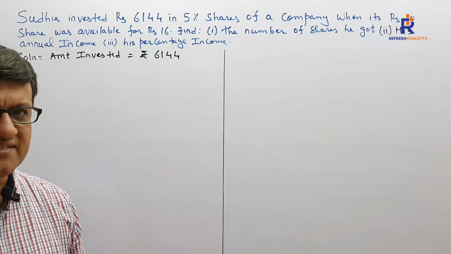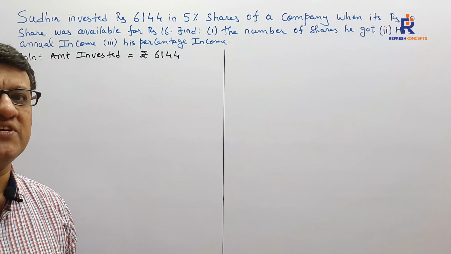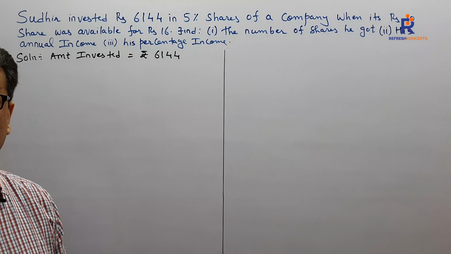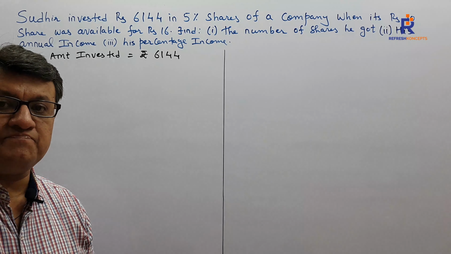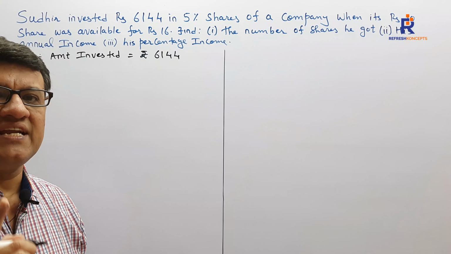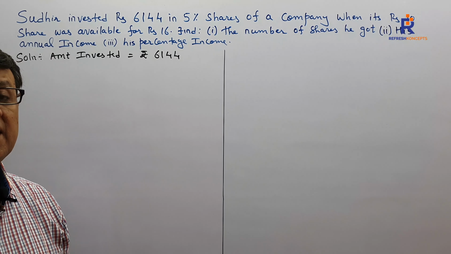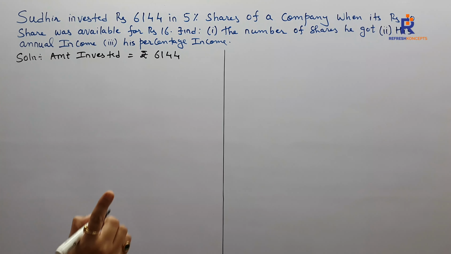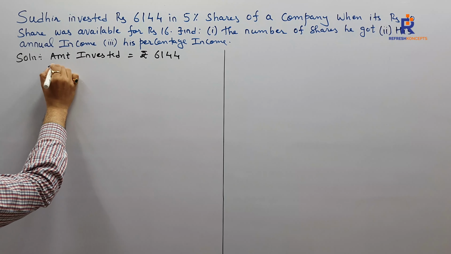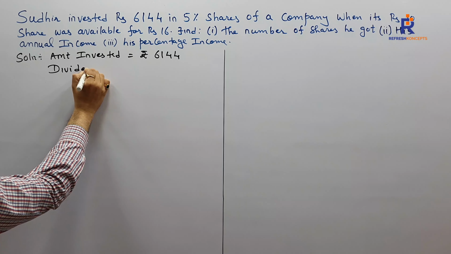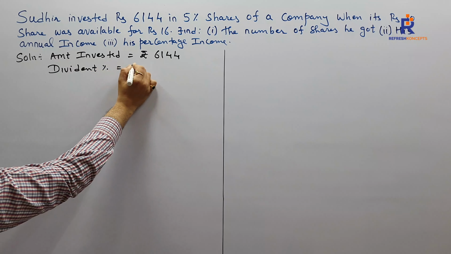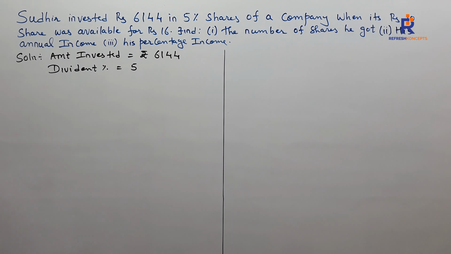Now this language is slightly on a higher side, unlike the previous one, which was in very simple language. When they say 5% shares, that means the dividend rate is 5%. You can say dividend percentage or rate of dividend, the meaning is the same.